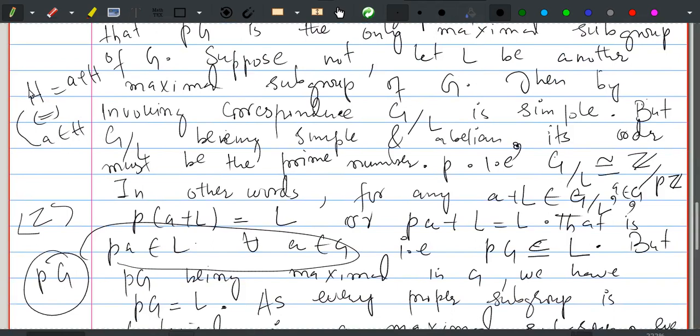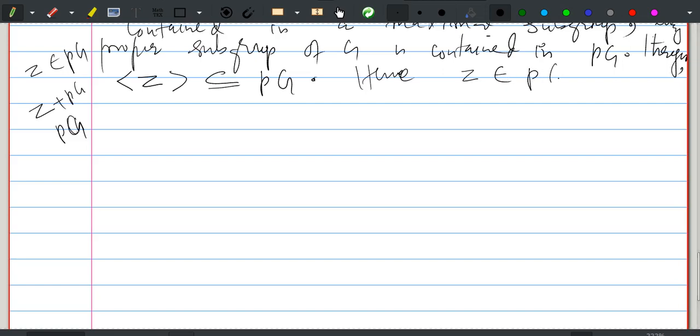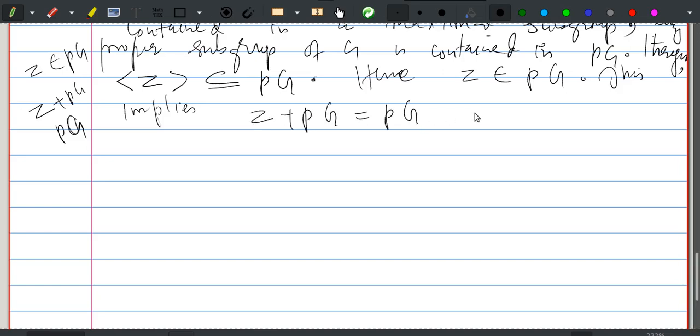If A is in H, then H is equal to A plus H. Now this A is in PG, this implies A plus PG is the same as PG.